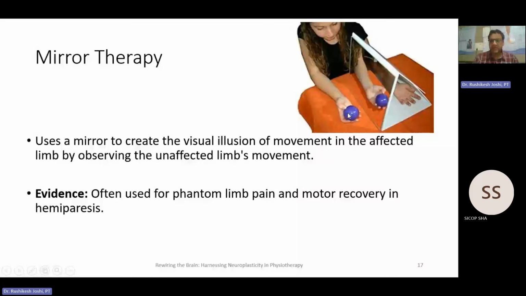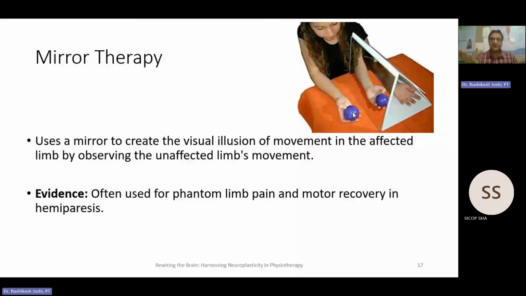When the patient is doing the movement on the normal side, if the patient is holding the ball and trying to squeeze it or move it, the patient will be seeing the movement of the normal hand. But the brain is getting cheated over here. We are trying to create a visual illusion in which the patient is seeing the movement of the normal hand, but the brain feels that it is the other hand because the mirror shows the double image.